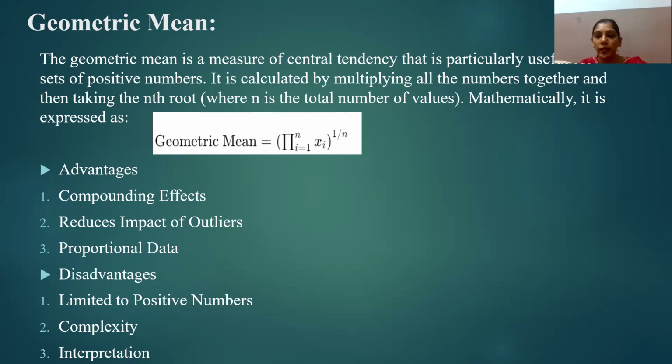It is applicable in business statistics in various ways. It helps in calculating growth rate. It helps in finance for calculating average return on investment. It helps in calculating the consumer price index and stock market index. So this is how it is helpful.